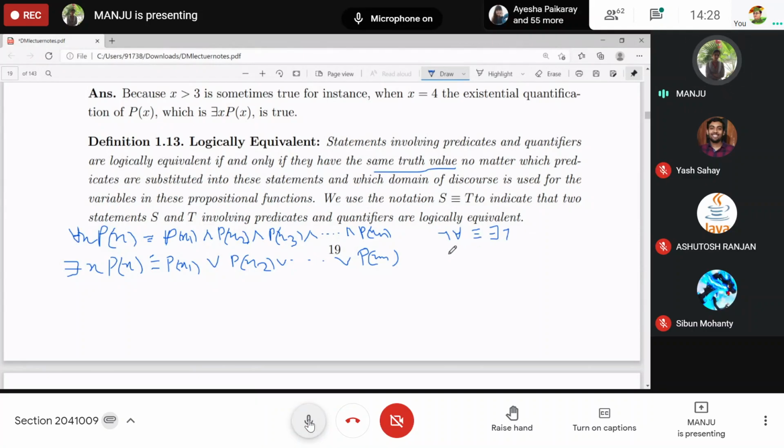And if you apply negation here, disjunction will become conjunction, that will become for all. So negation of there exists will become for all negation.